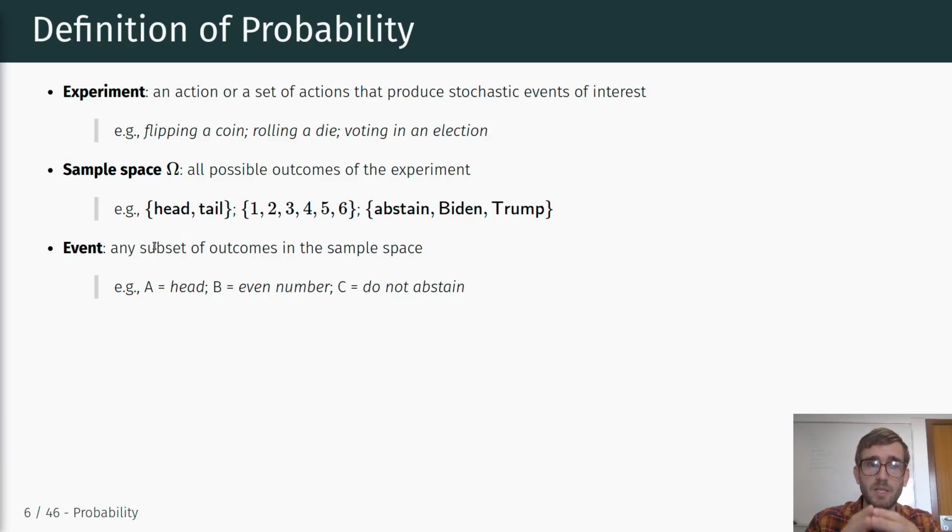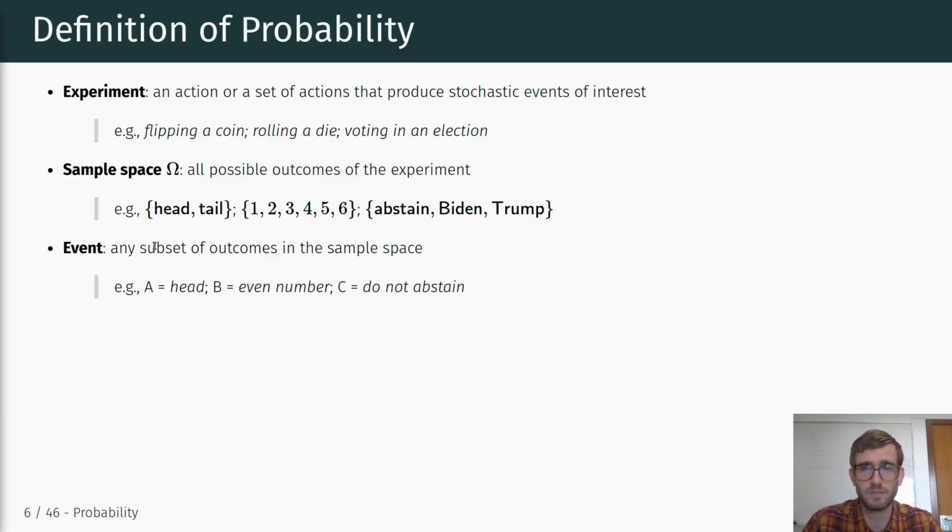For example, an event related to rolling a die could be rolling an even number, so 2, 4, and 6 rather than 1, 3, and 5. It could also be the complement of certain events. For example, an event could be "do not abstain," so any other outcome but abstaining, when we think about the experiment of voting in an election.